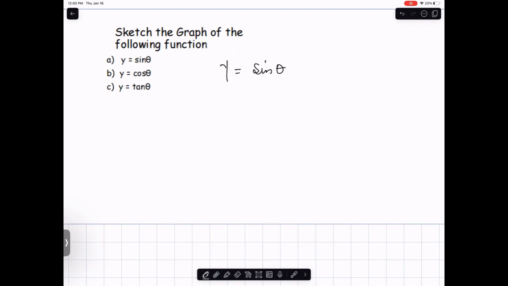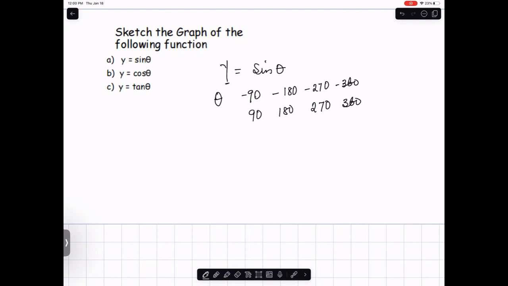For the values of theta, I'm going to take minus 90, minus 180, minus 270, minus 360, 90, 180, 270, and 360. So this will be the values of my theta, and I will use that to find the value of y.